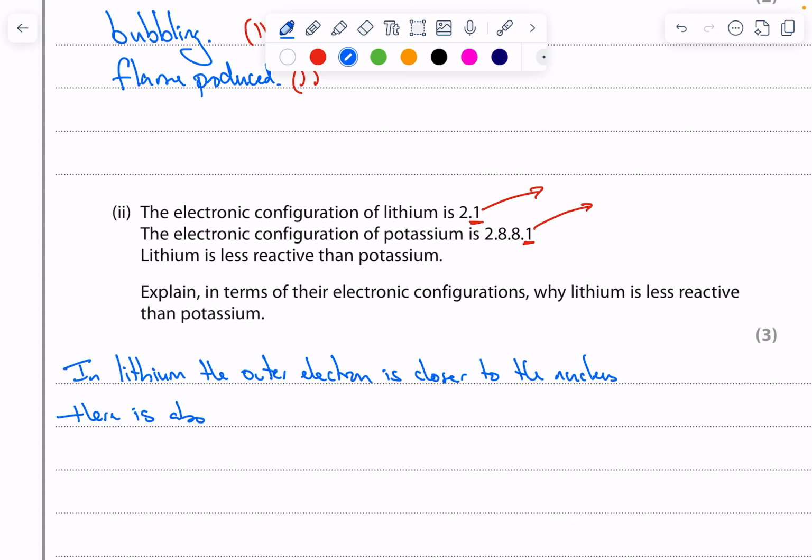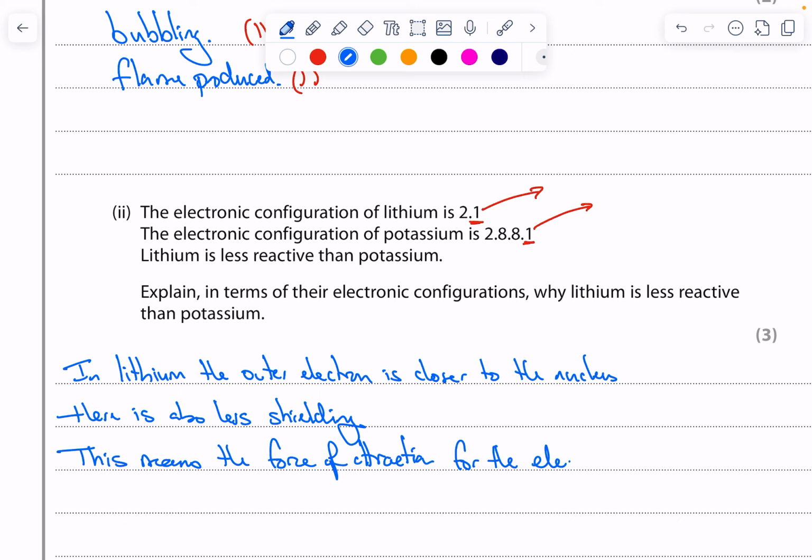There is also less shielding, and then this means the force of attraction for the electron is greater, so it is harder to lose, and therefore less reactive.